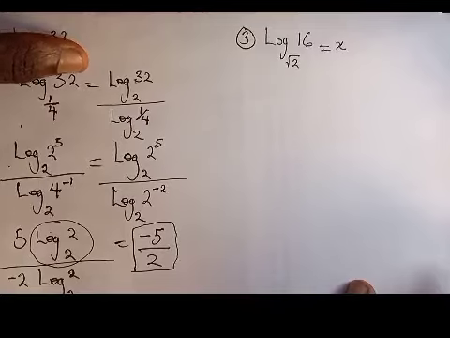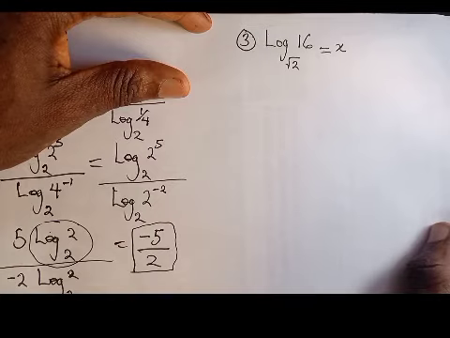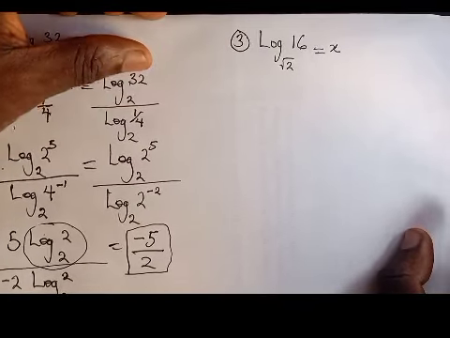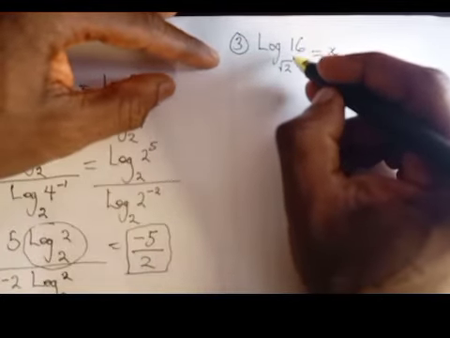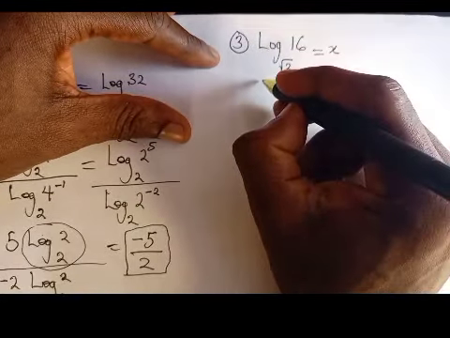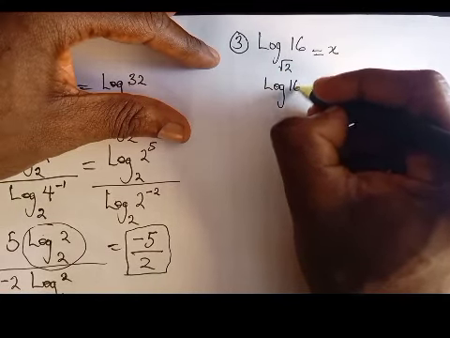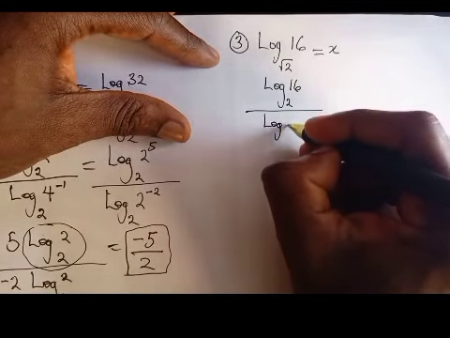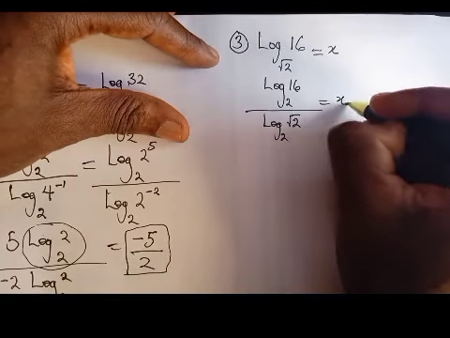Then this final problem says log 16 in base square root of 2 is equal to x. So what do we do? The same thing is very similar to what we just finished working on. I'm going to try to change this to a base of 2. Now, this is going to become log 16 base 2 over log square root of 2 to base 2 equals to x.